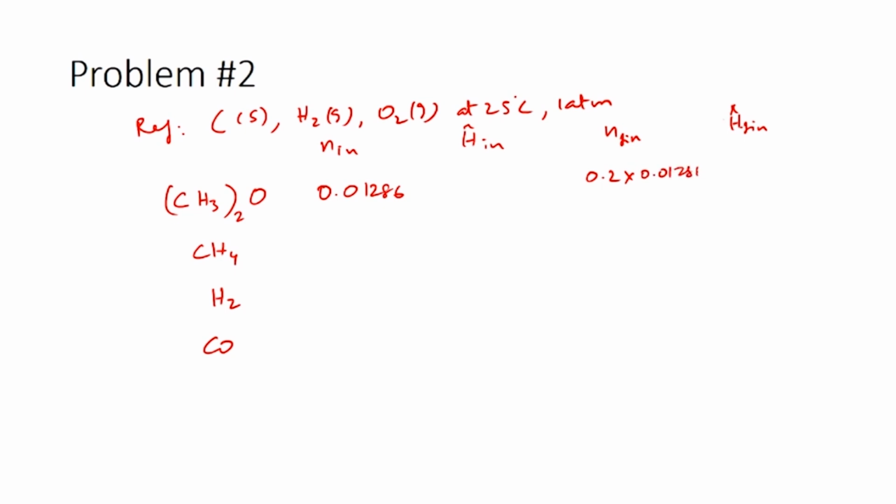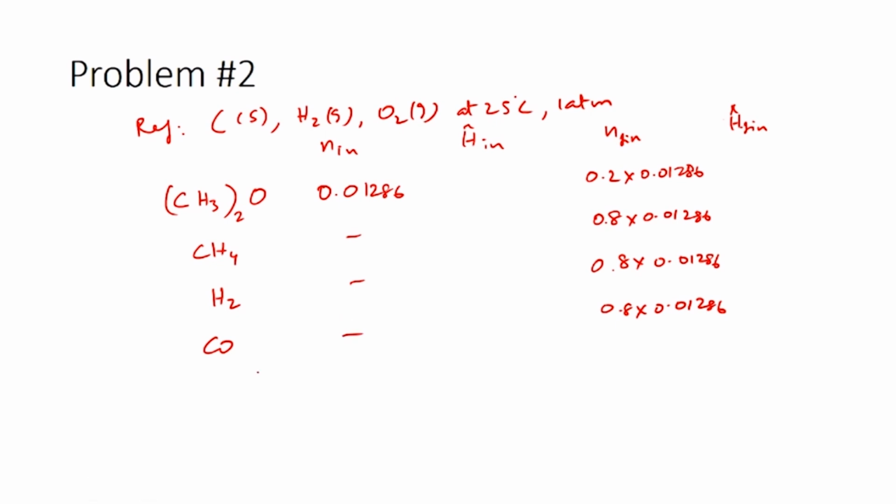Based on stoichiometry, the number of moles of methane in the final condition would be equal to the number of moles of dimethyl ether consumed, which would be 0.8 times 0.01286, and the same would be the values for hydrogen and carbon monoxide as well. So, you do not have any methane, hydrogen or carbon monoxide in the initial condition.